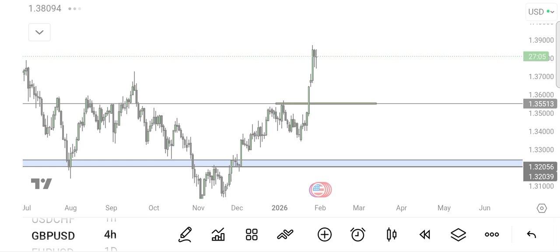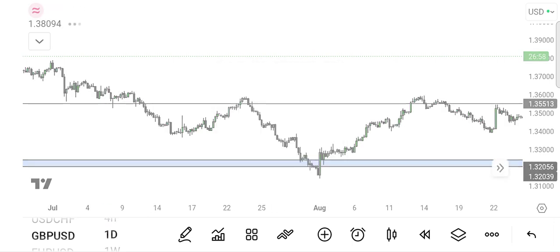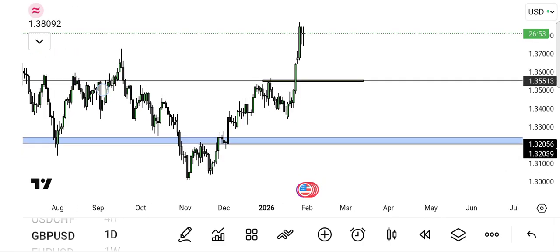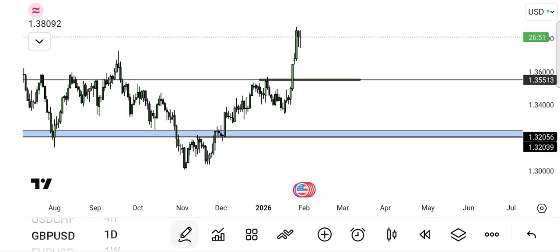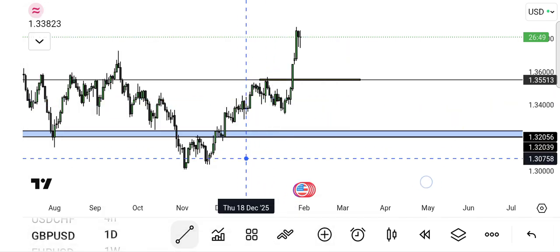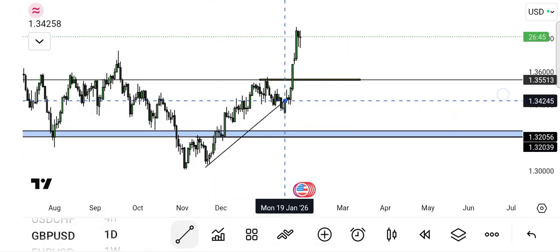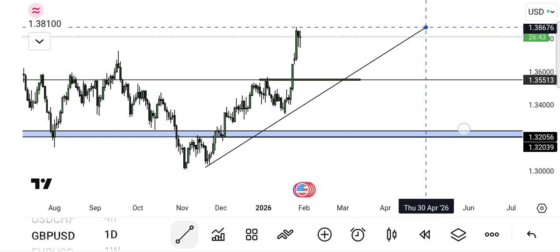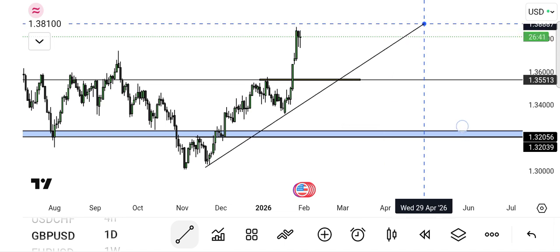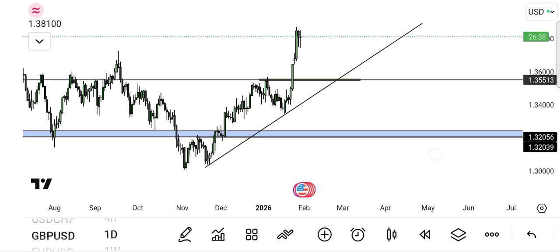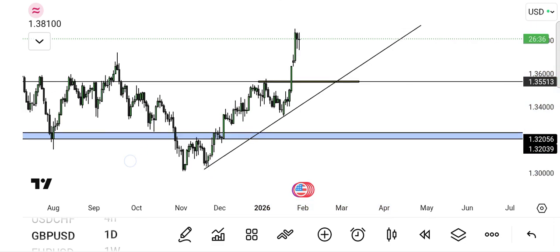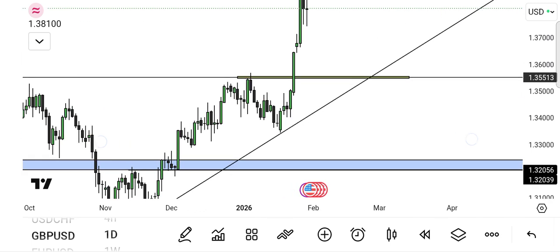Now if you check on the daily time frame, you can also see another trend line, but I don't like drawing too much on my chart because it makes my chart look very nasty. But you could see that this is a very nice setup for a zone.